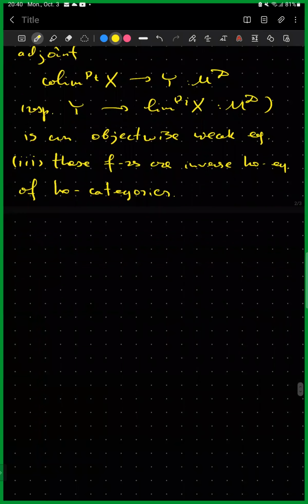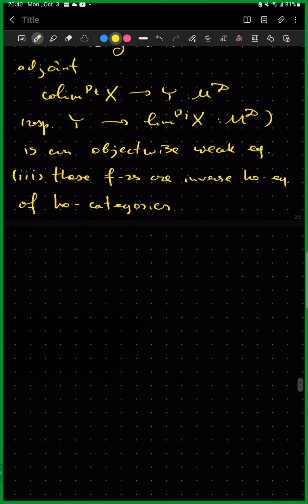We'll prove this proposition later. And this result suggests the desired notion of virtually cofibrant and fibrant diagrams.